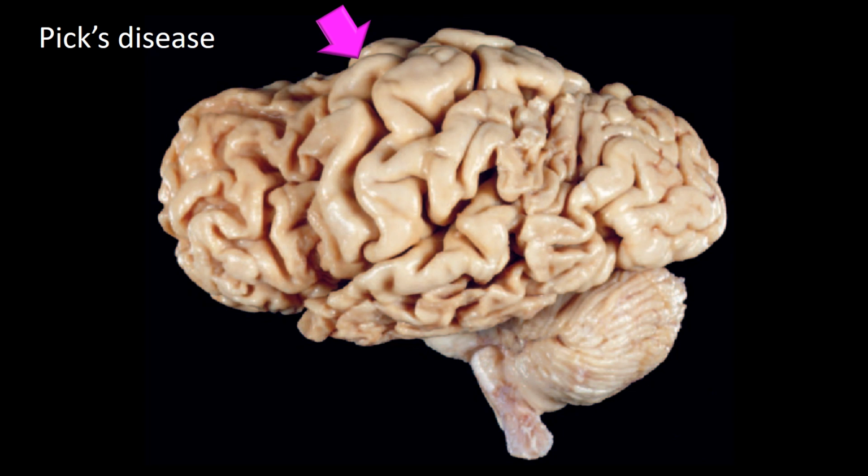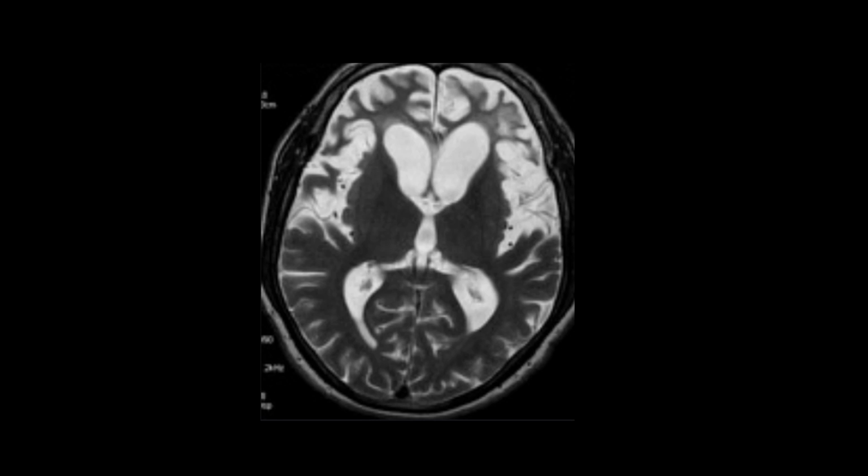There is remarkable preservation of the precentral and postcentral gyri. Most of the parietal lobe and the occipital lobe, although affected, are less affected than the anterior frontal and temporal lobe regions. This can be readily seen in this MRI, as a disproportional frontal involvement is clearly noticed.